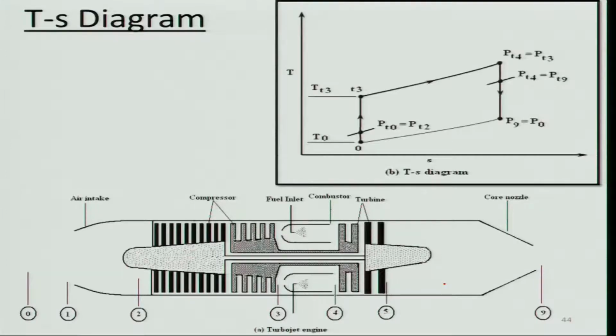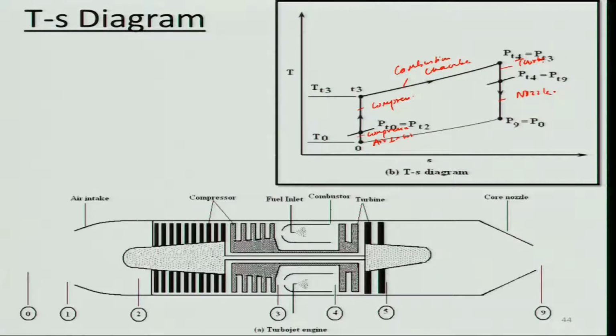Now we will look at how the process looks in a TS diagram. This is compression in the air intake, and this is your compression, and this is your combustion chamber, constant pressure heat addition, and this portion is your expansion in the turbine, and this is in your nozzle.